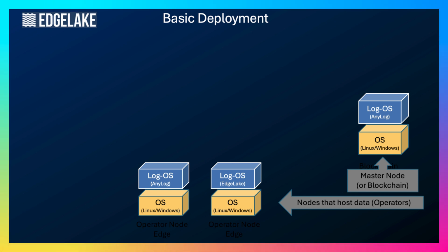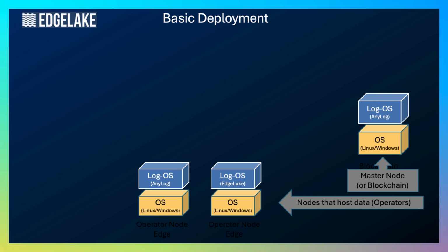So you could have 10,000 or less devices in any Edgelake network, and that blockchain is used to synchronize the data between all of those services. The blockchain is not used to store the data. The blockchain is used to synchronize the data.